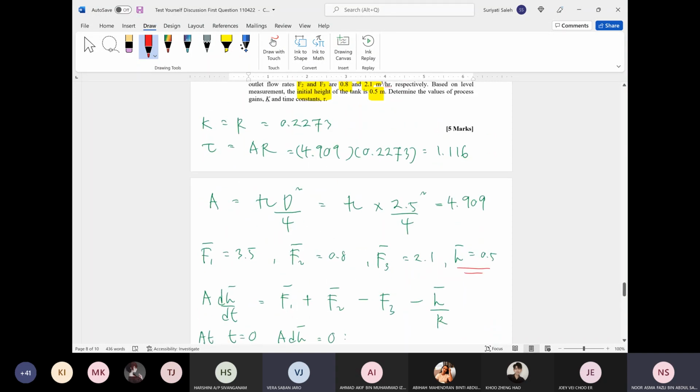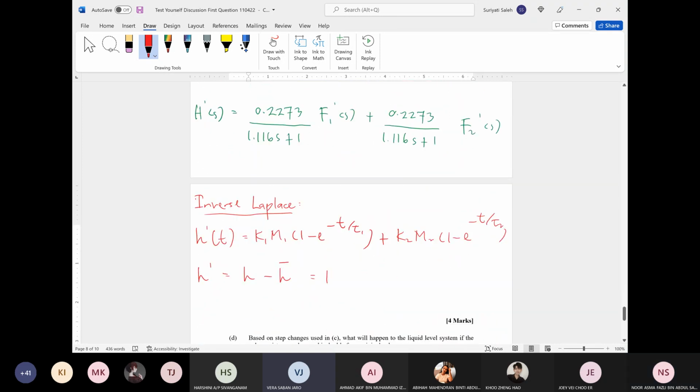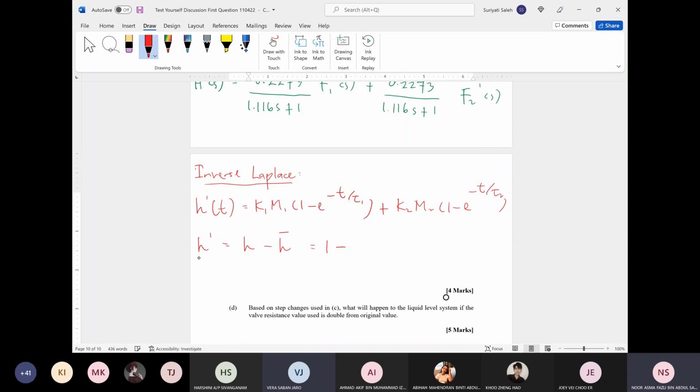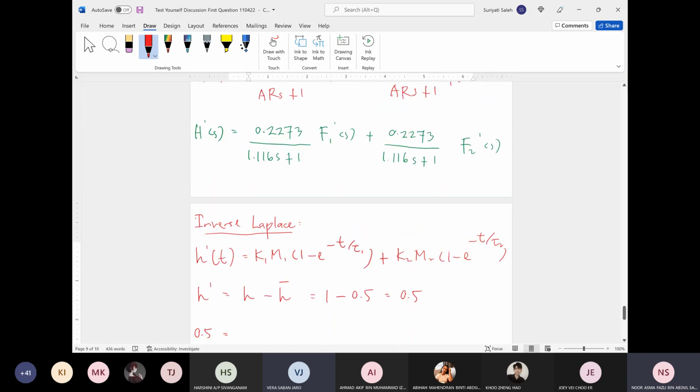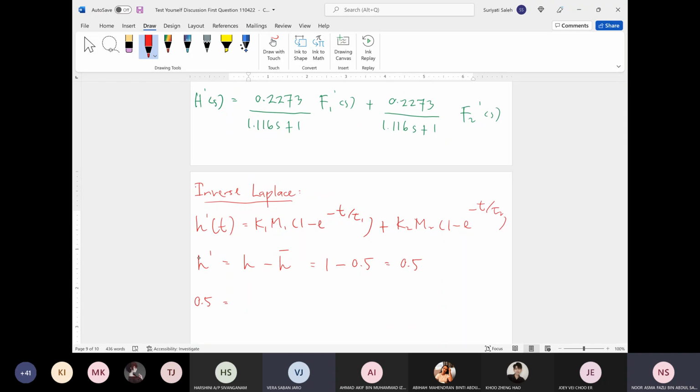This is what your friend asked before: if the question mentioned a value in B, can we use it for C or D? Yes, we can. So we use H bar equal to 0.5, which means H prime is 0.5. So 0.5 equals K1, and here K1 is 0.2273.